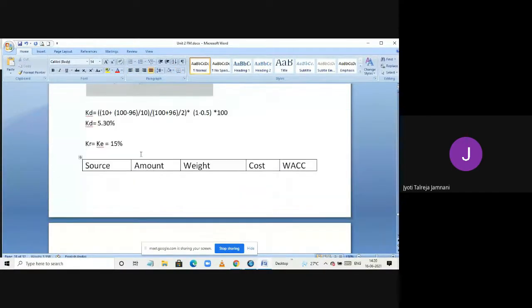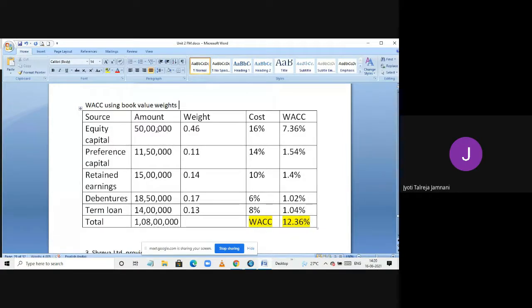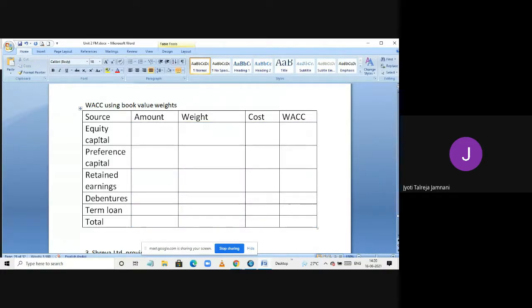So here I'll write WACC using book value weights. We write the source and amount. In source we have equity, preference, retained earnings and debentures.